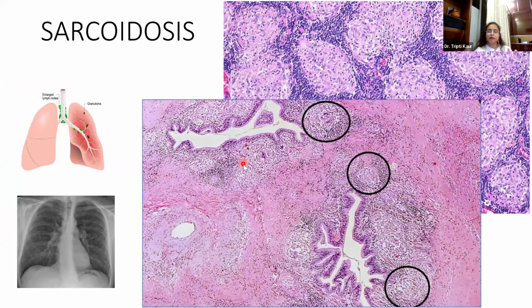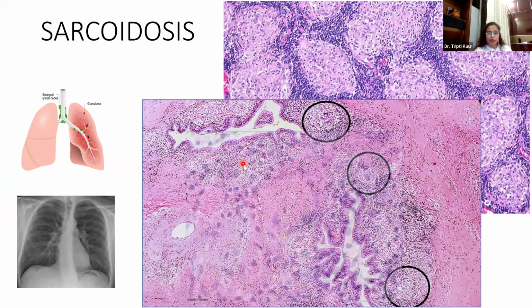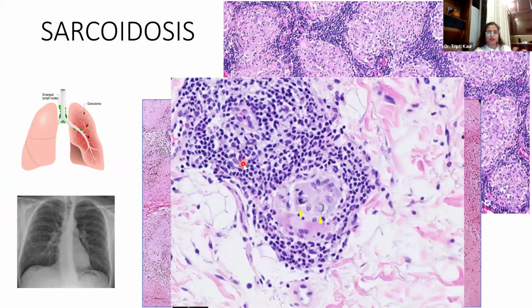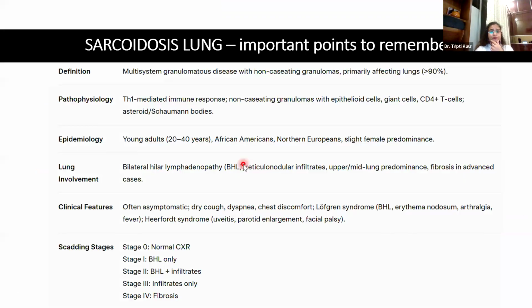And if you sample the bronchioles, you will find this peribronchiolar distribution of naked granulomas. And you might find these asteroid and Schaumann bodies. Initially, they were thought to be very specific for sarcoidosis, but now you know that they can be found in other cases as well, like hypersensitivity pneumonitis, and for that matter, even in healed tuberculosis patients.